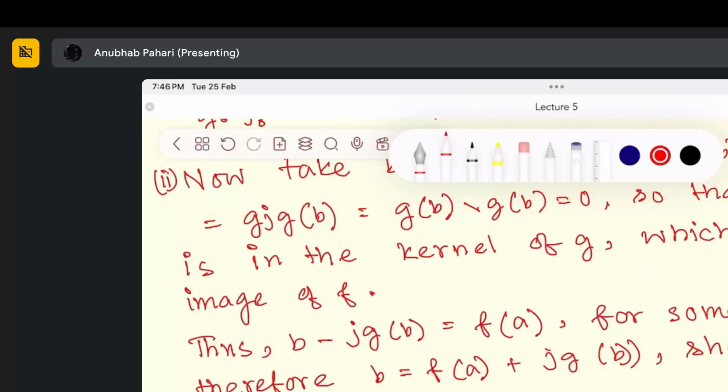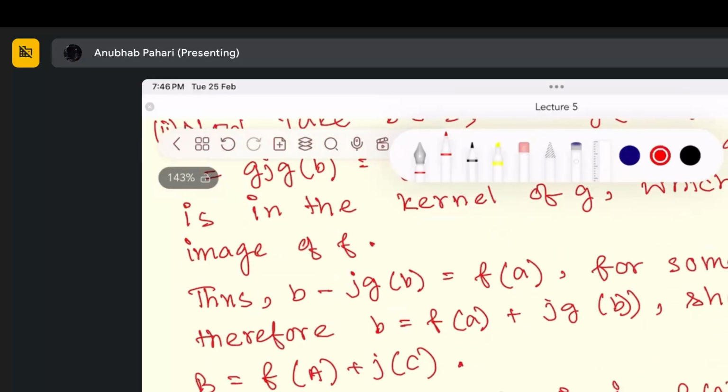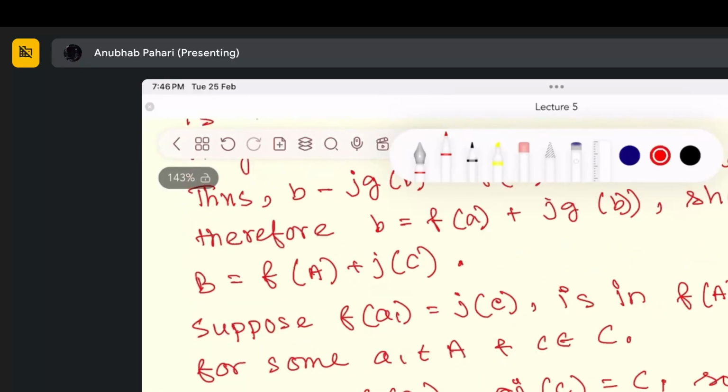So c equals 0, and hence J of c equals 0, showing that f of A intersection J of C equals 0.